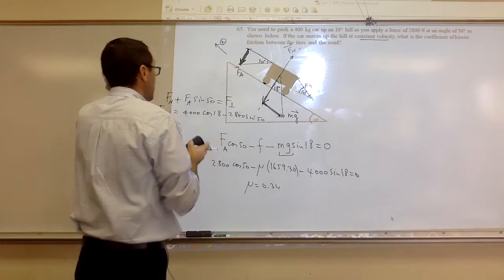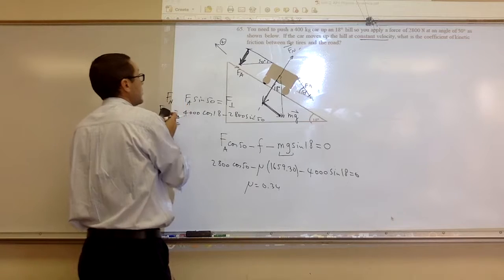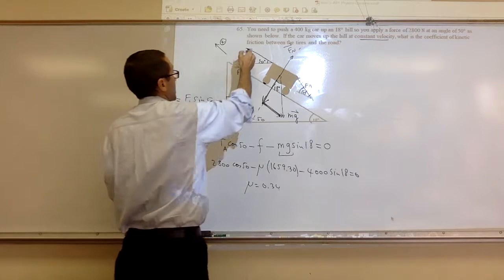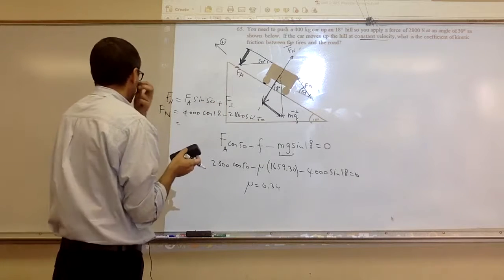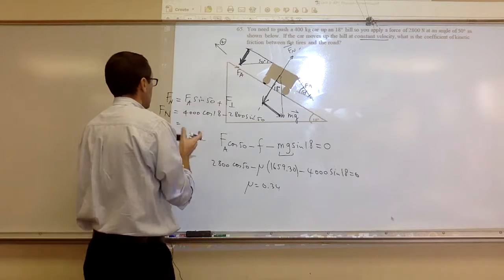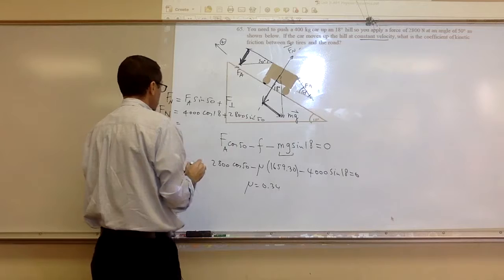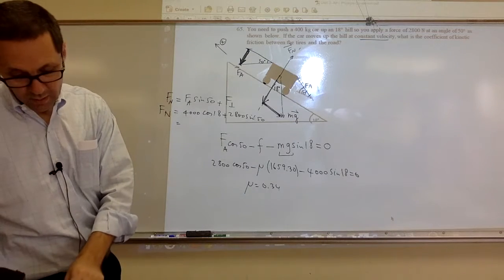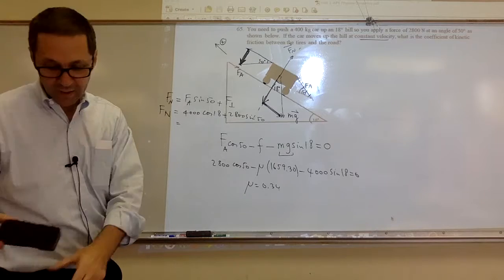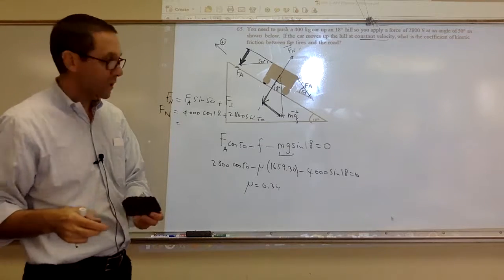So Fn is equal to this component of FA plus the perpendicular component. So it should be a plus here. And if you do the math, you should get an Fn equal to 5949.15.